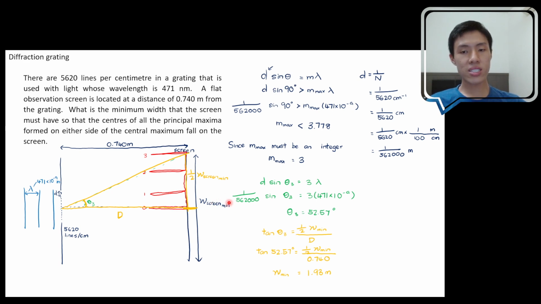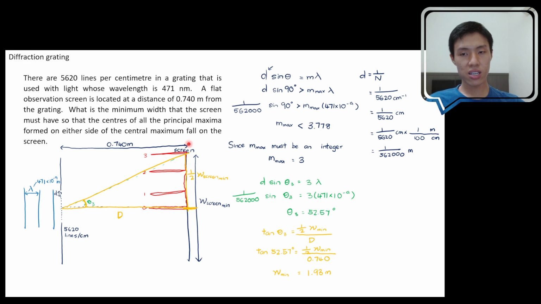And why is this the minimum width of the screen? It's because if you extend it further, it's fine as well. You can still form the third order bright maxima on the screen, but you're not getting any more than that. That's the furthest maxima that you can get. Even if you extend the screen up to infinity, you are still going to get the same 3 maxima.